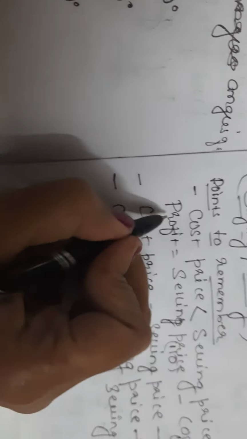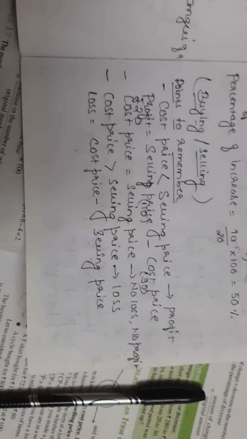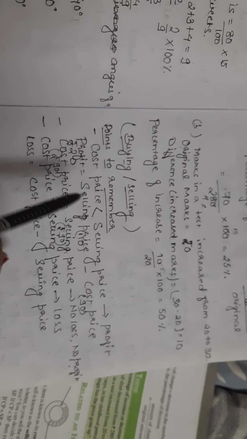Now, if the cost price is equal to the selling price, suppose the cost price, as I have told, is rupees 90 and you are selling it also for rupees 90, then you are making no loss, no profit. So the cost price is equal to the selling price.